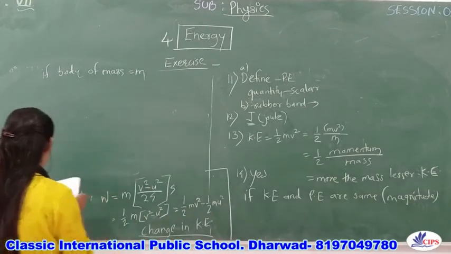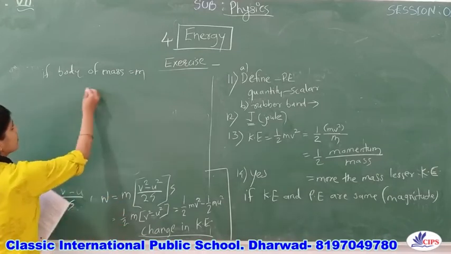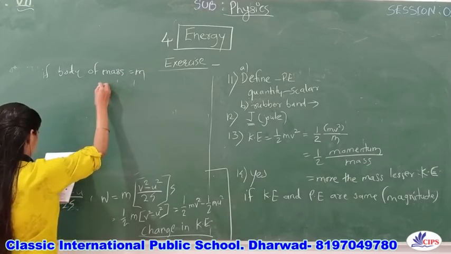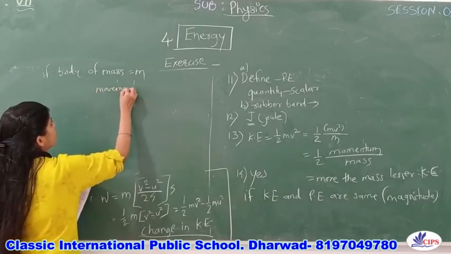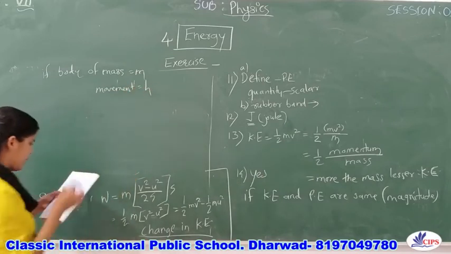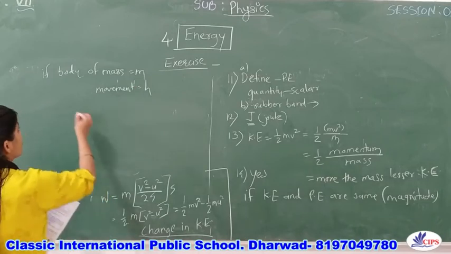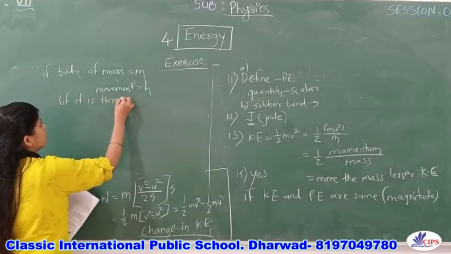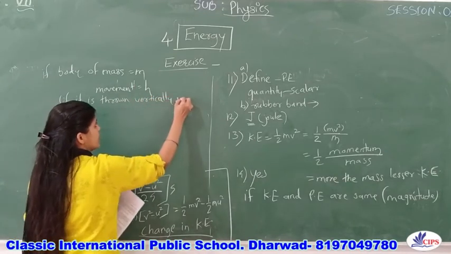The next one they said, height h, because the object gets raised to some height. It is thrown vertically upwards.